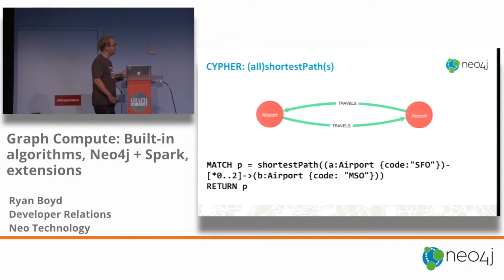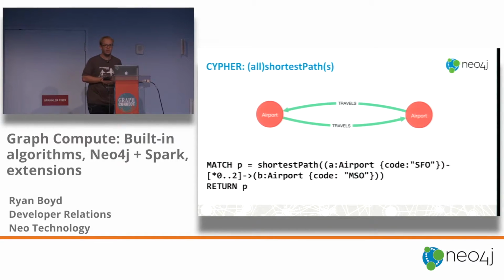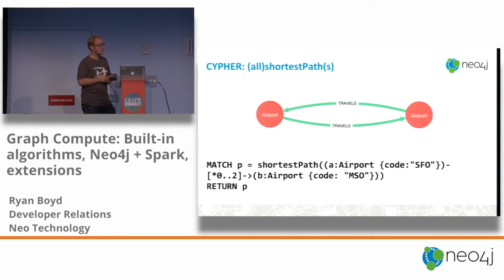We have a database here also of airports and the distances between all of the airports. And I wanted to find the shortest path between San Francisco and Missoula Airport. The guy, Will Lyon, that I talked about before is actually from Montana, and that's the closest airport to his house. Obviously, that requires a connection.